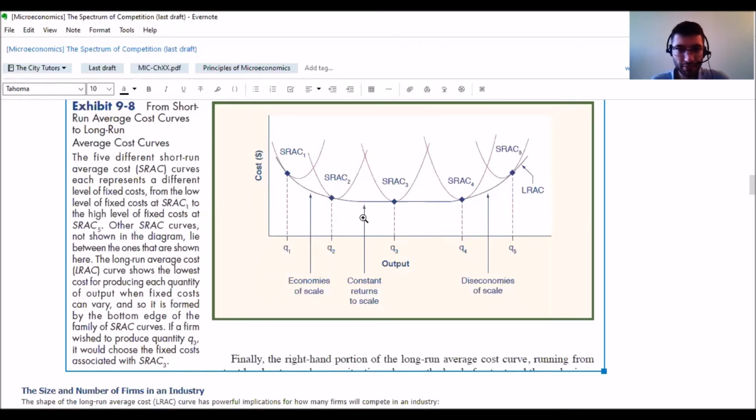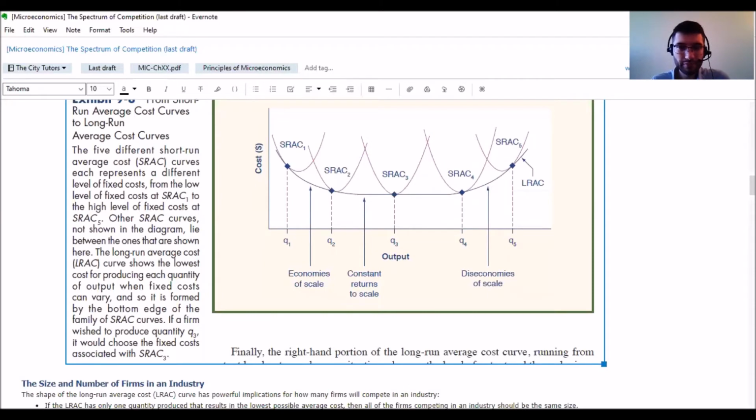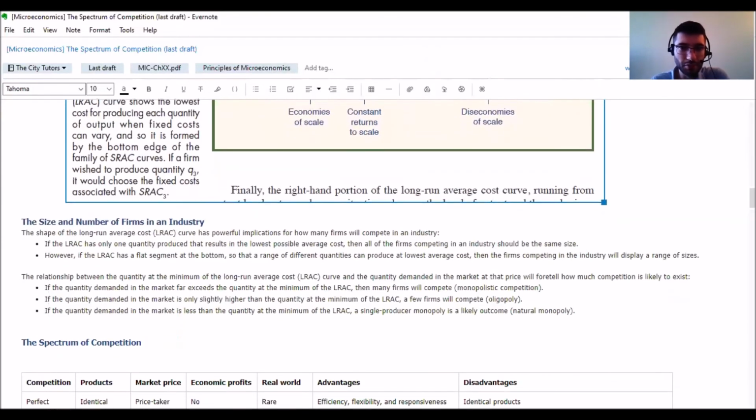A company can choose to produce somewhere around here on this arrow, or the company can choose to produce close to Q4, and they will both have the same average cost. So they will both be able to compete in the same market, although they will have very different sizes. I mean, a company that produces Q4 will have double the size of a company that produces here on this arrow. But still, they will be able to compete.